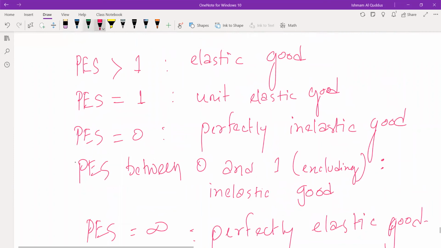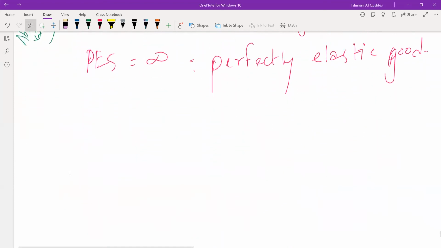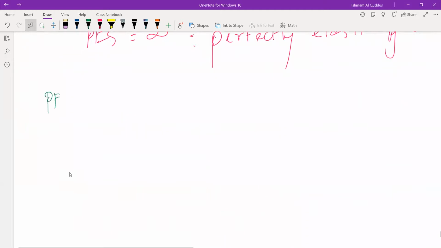Try to recall this, like, where did you say this? So remember, it is exactly the same for PED. However, remember that it is the same only when you take the absolute values of PED. Because when we calculate PED, we actually get negative values, right? Then we take the absolute values, then it becomes positive.